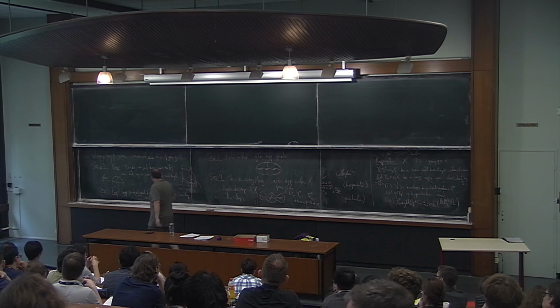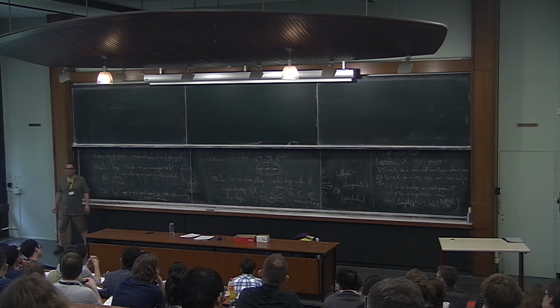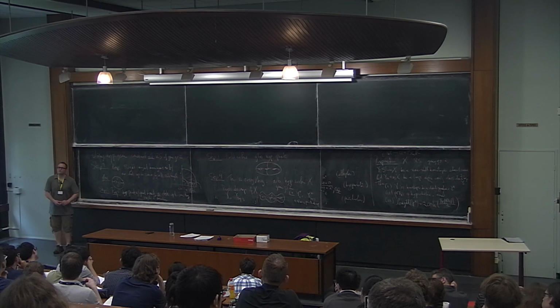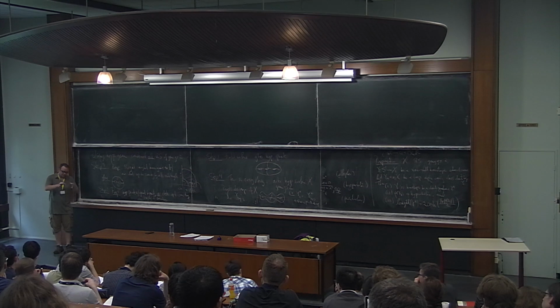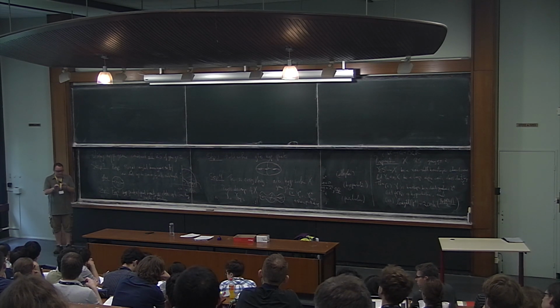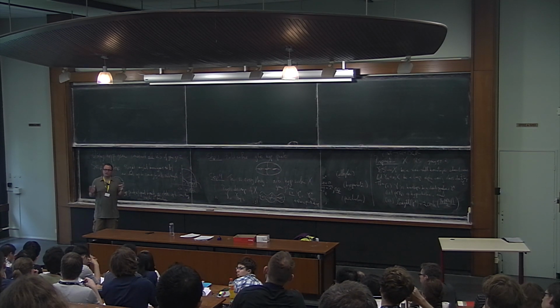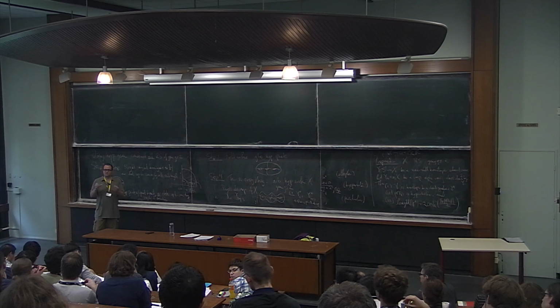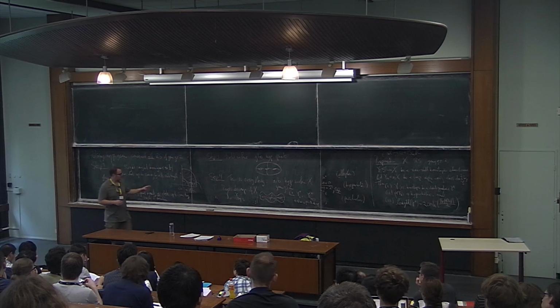And the pants decomposition picture is the wrong one there. Instead, you could take a single curve. You can straighten it to a geodesic with respect to the Euclidean metric, cut open, and now you get an annulus. And so you can describe all Riemann surfaces of genus 1 as Euclidean annuli, where you glue the annuli in a similar picture.